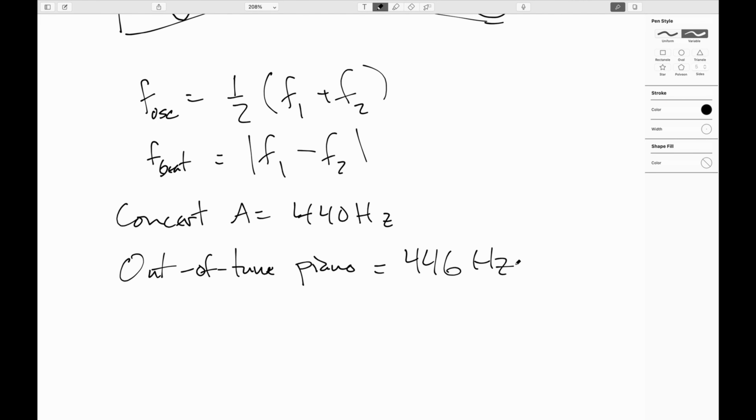When a piano tuner comes in to tune the piano, what they'll do is they'll take out a tuning fork at 440 hertz, strike it, and then play the matching key on the piano.